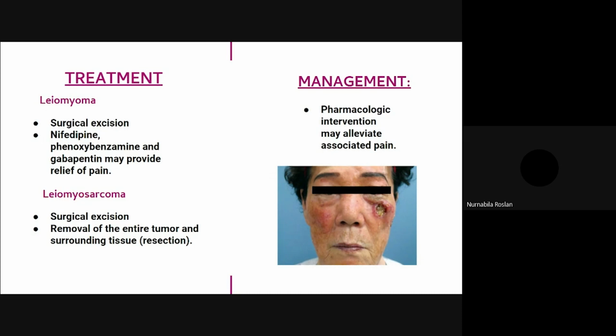For leiomyosarcoma, the treatment is also surgical excision depending upon the location of the primary tumor. The surgical procedure may also include the use of certain reconstructive techniques, and surgical options are dictated by the size, location, and spread of the tumor. And for the management, pharmacologic intervention may alleviate the associated pain.